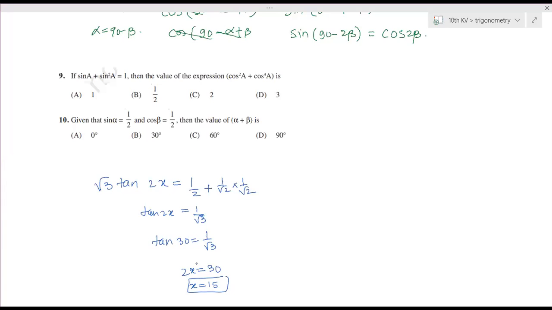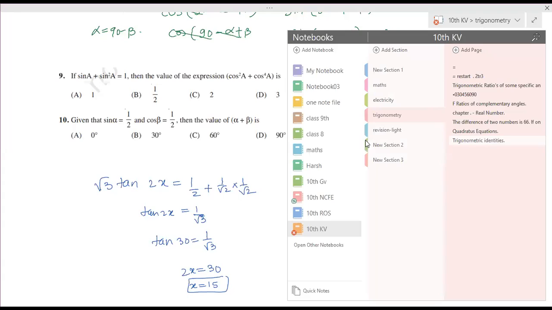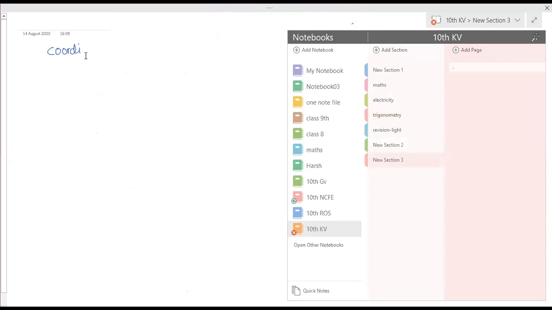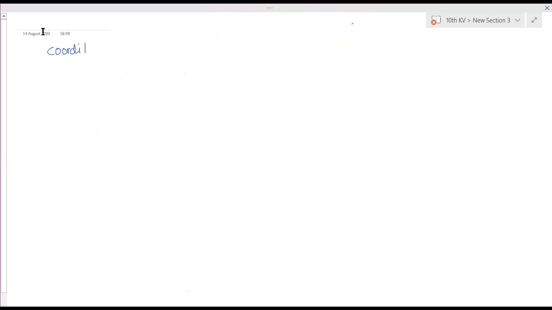Okay, ma'am. So starting with the next chapter, coordinate geometry. Any other doubts anyone has? Coordinate geometry. In this chapter, there are actually 3 parts. Out of that, 1 part is now removed.